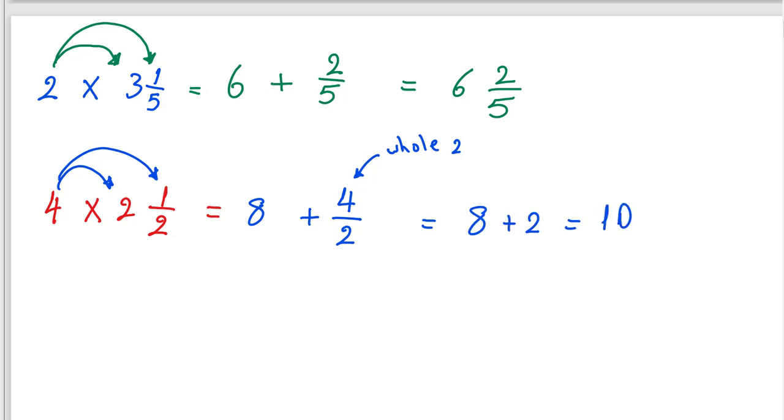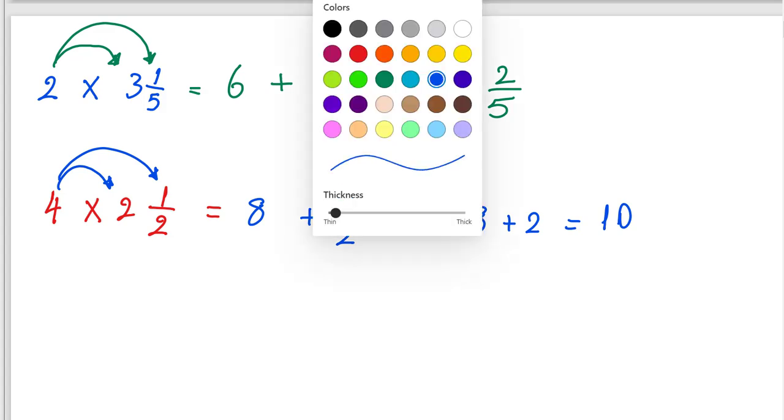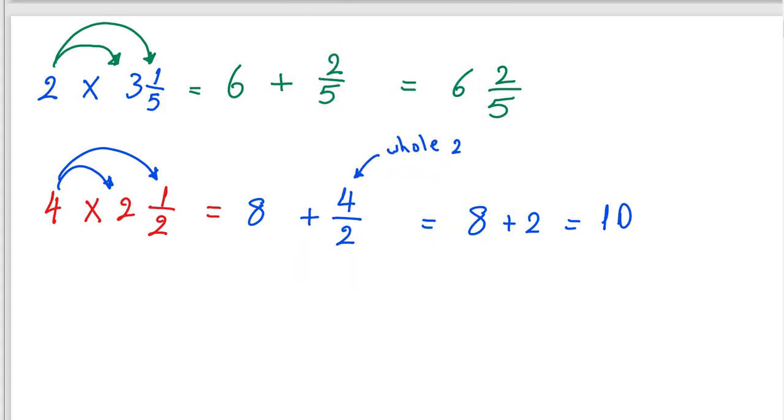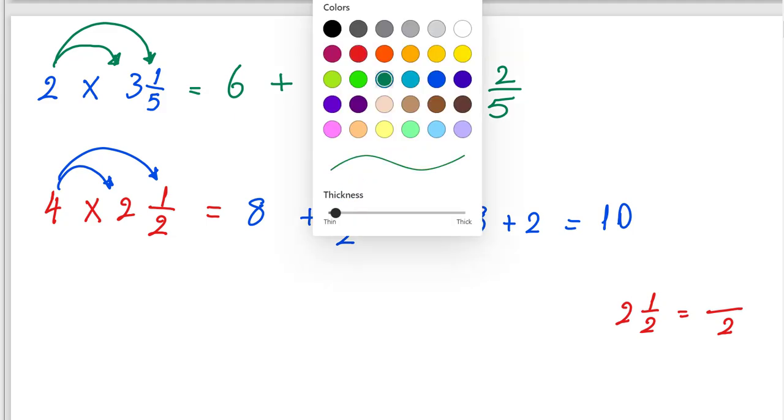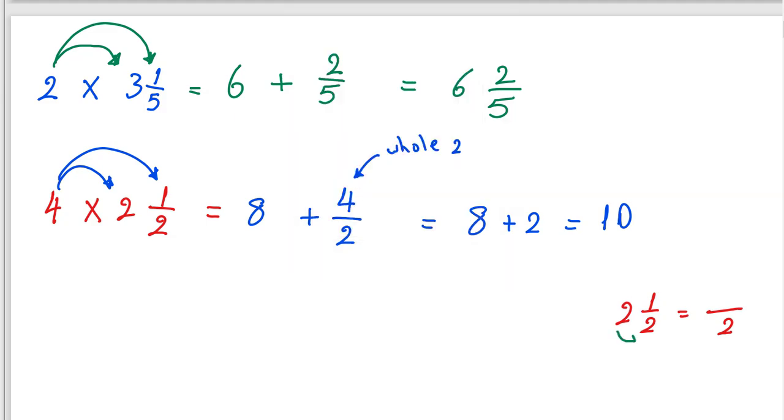So it's 10. Of course, you have another way to do this by converting 2 and 1/2 to an improper fraction. I will use the same denominator, and to find the numerator, multiply the whole number by the denominator plus the numerator.